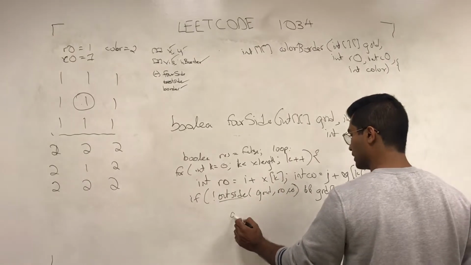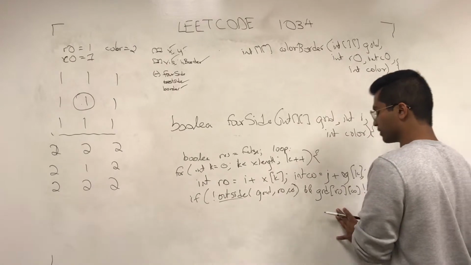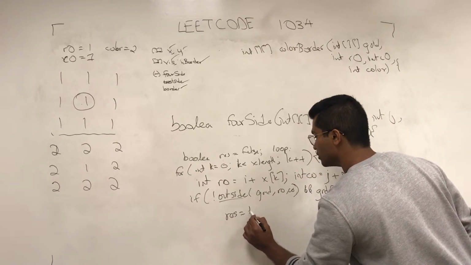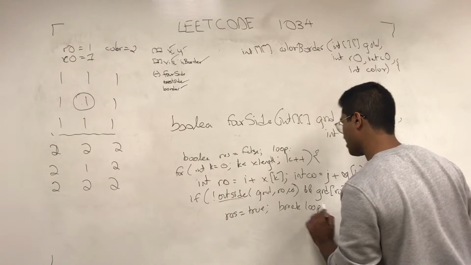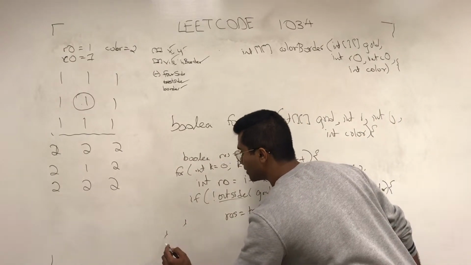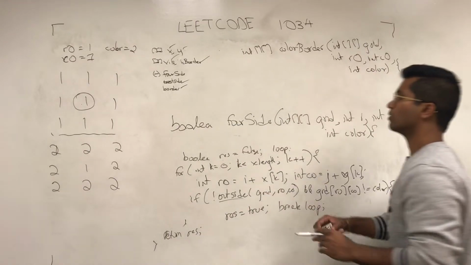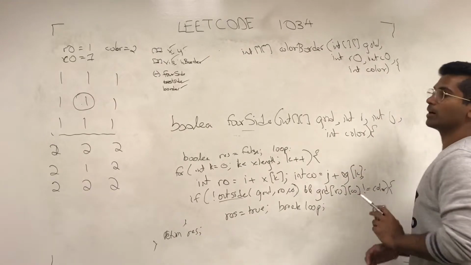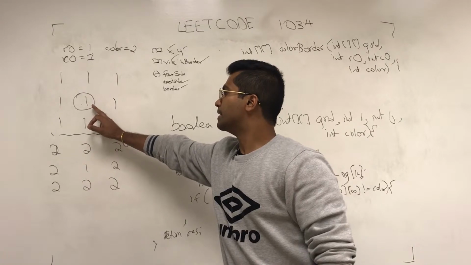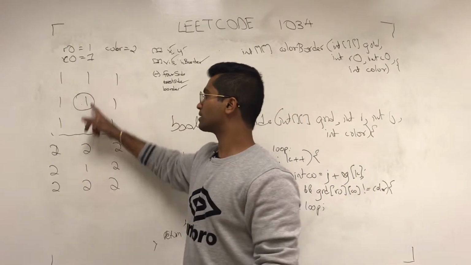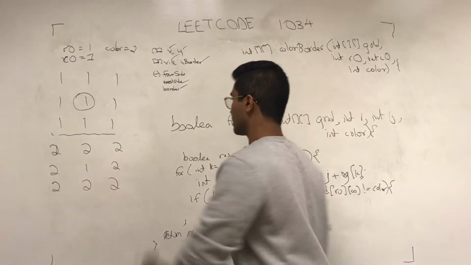If they're different, then I say res is going to be true, and then I can break the loop. And then I return res. So that's our forSide function. Pretty much I'm going to use it to check if something is different on any of the given sides for one square.